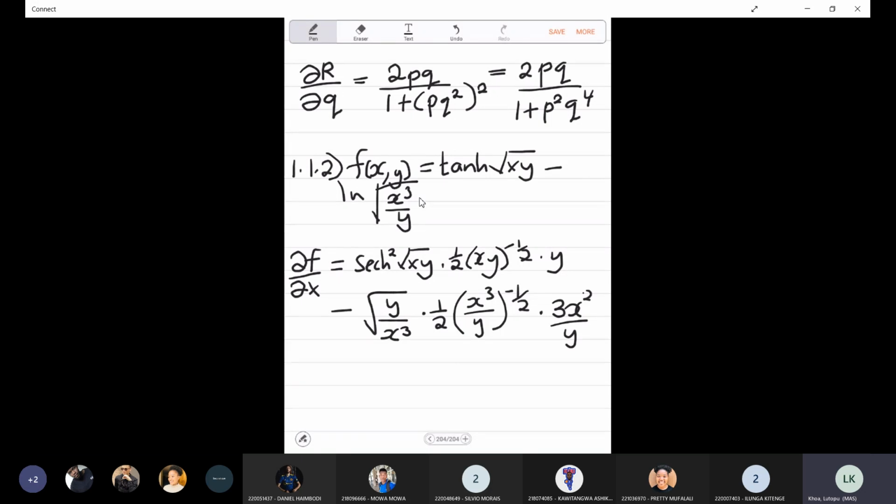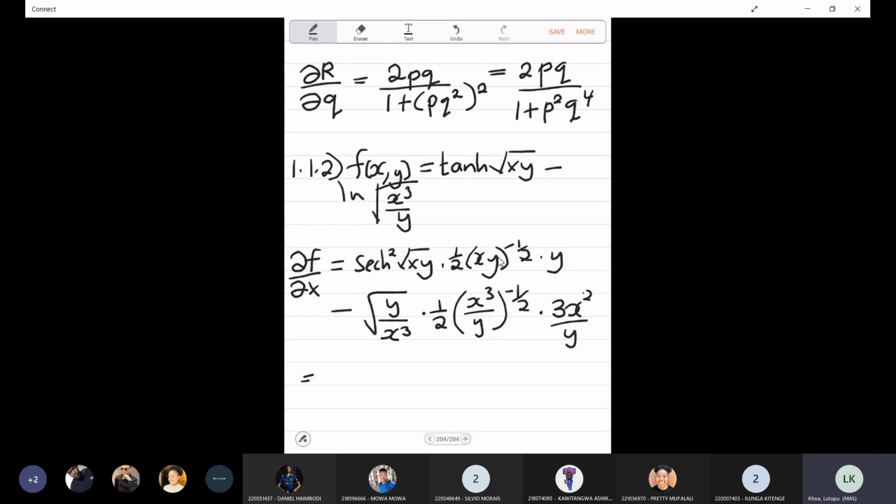Okay, then simplify the fraction as far as possible, or the answer as far as possible. So with the first question, we can see that in the numerator we have y and a sech squared of square root of xy, and in the denominator we have 2 square root of xy.